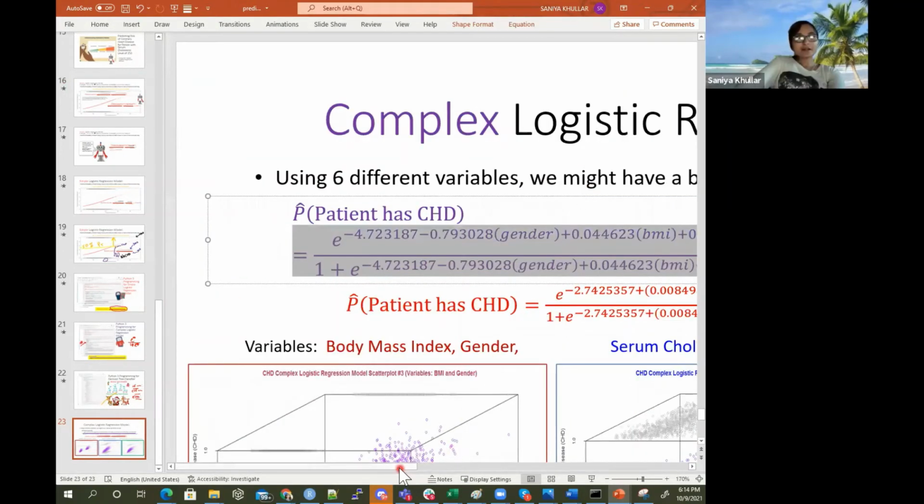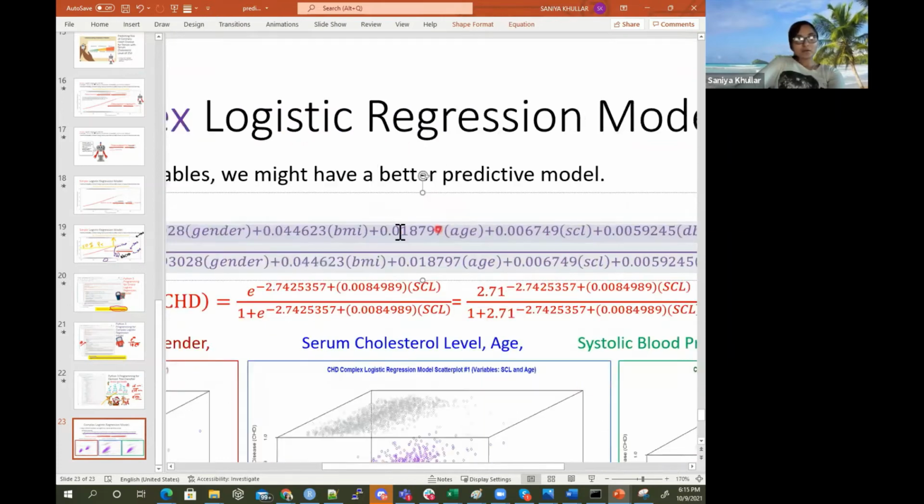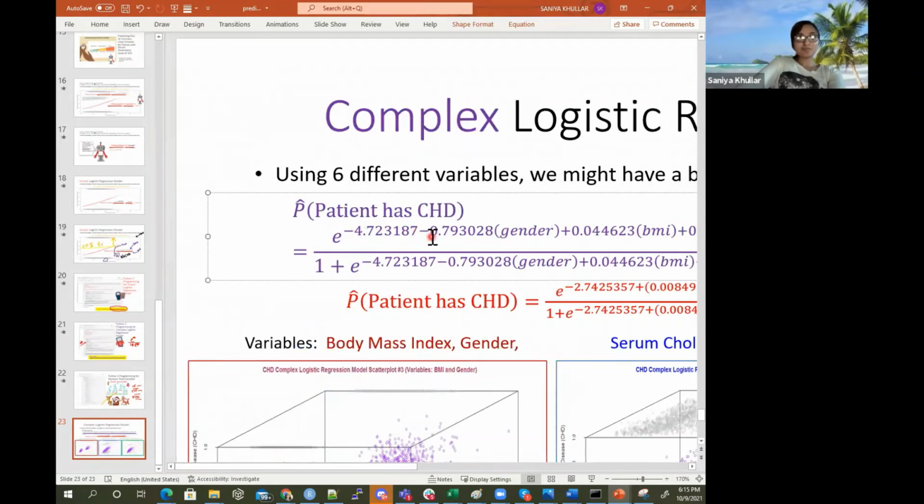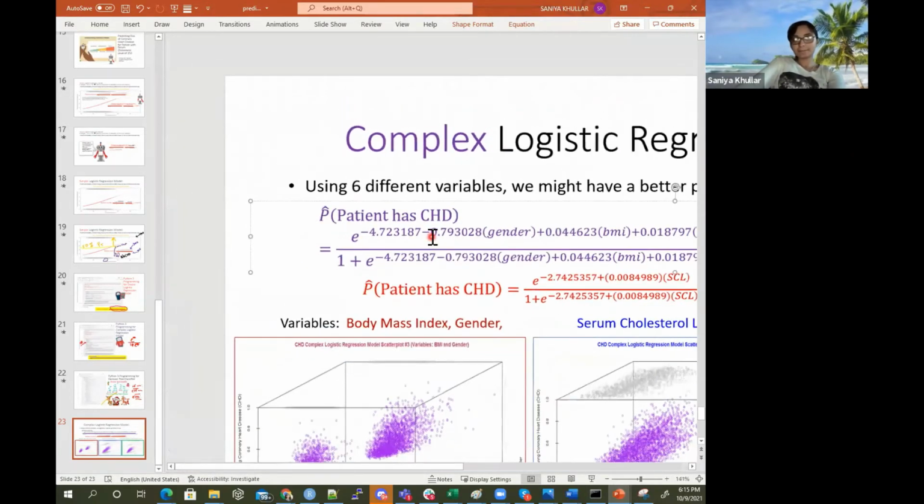Yes, and now in this complex model, the number is instead 0.006749. That number changed. And the y-intercept also changed from -2.74 to -4.72. Do you see that?